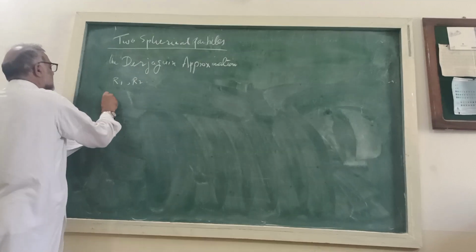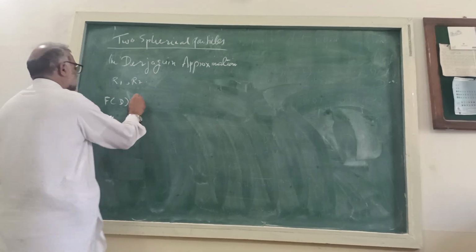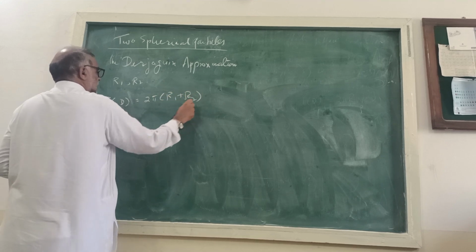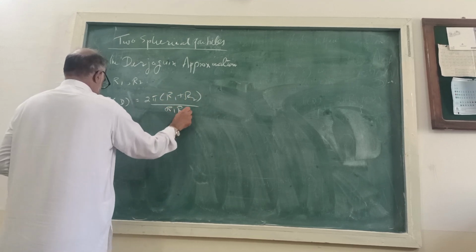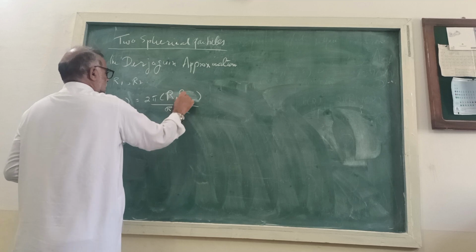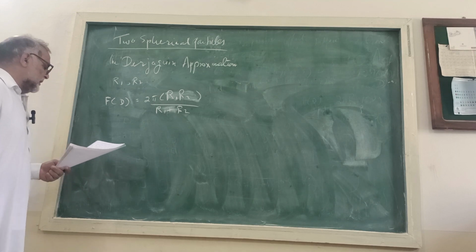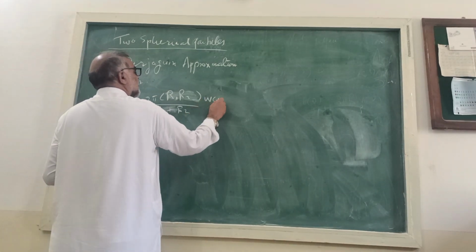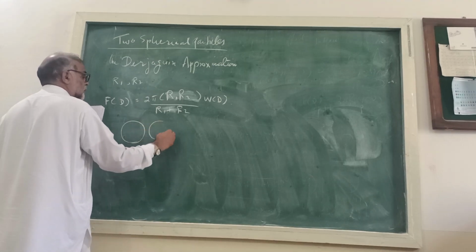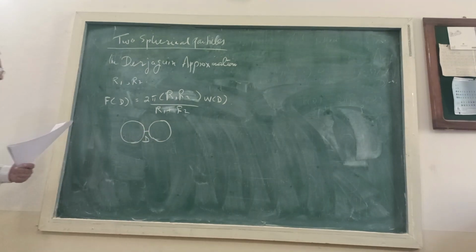Take a separation of D, equal to 2 pi (R1 R2 / (R1 + R2)) W(D), right?